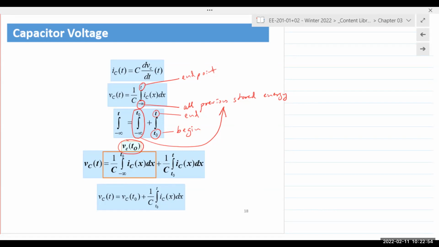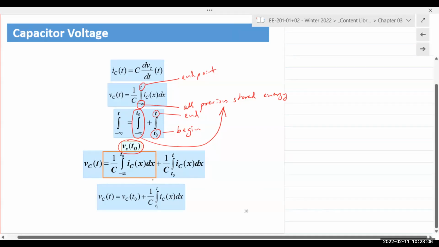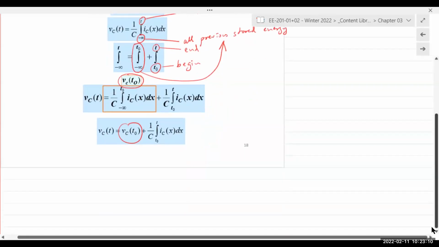If the problem statement does not explicitly state any initial charge, you can assume it to be 0. So VC of T0, assume 0 volts if not explicitly stated.